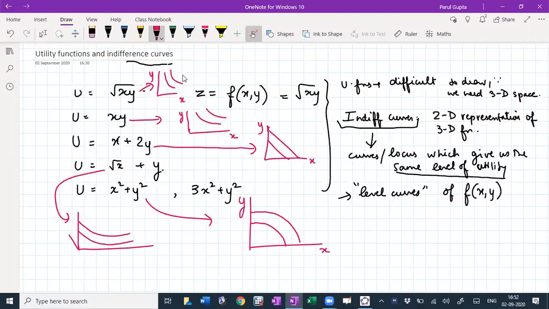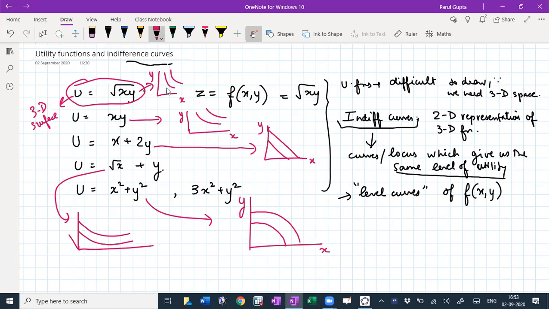These shapes are 2-dimensional figures, so we can use an equation in just 2 variables to describe these curves. This function describes a 3-dimensional surface because it has 3 variables. Utility is also a variable because the moment you change x and y, utility itself is going to change.